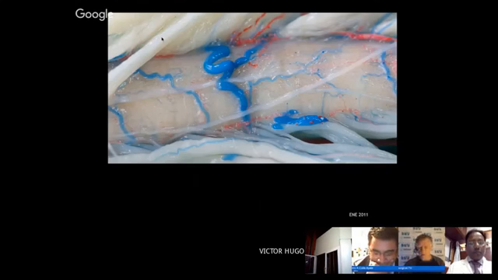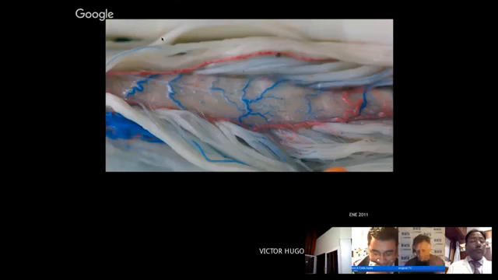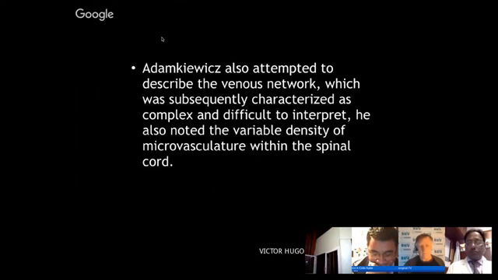Okay, let's show more photographs about the lateral aspect of this human spinal cord. Adamkiewicz also attempted to describe the venous network, which was subsequently characterized as complex and difficult to interpret.